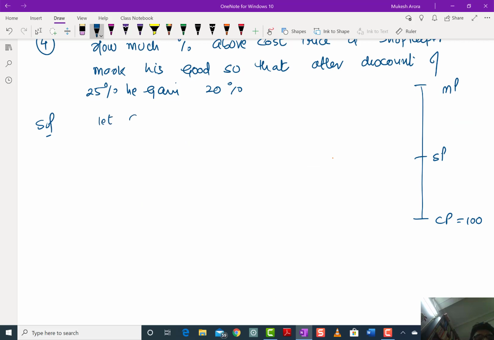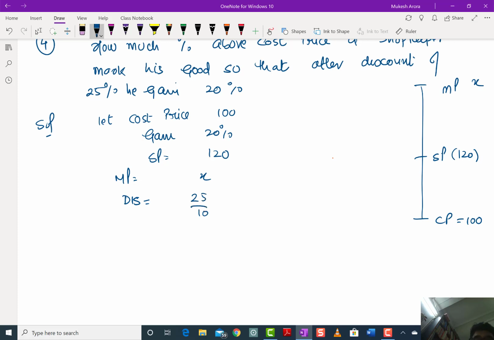Let cost price be 100, gain is 20%, selling price will be 120. Now mark price is x, discount is 25% of x, 1 by 4 x.